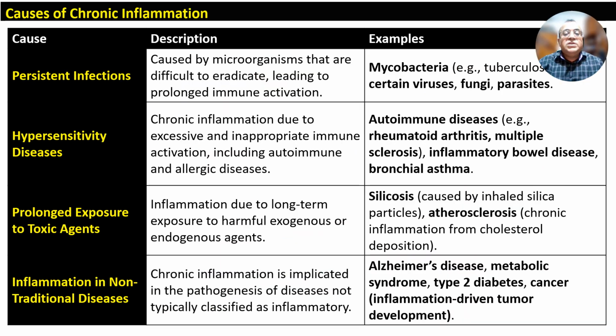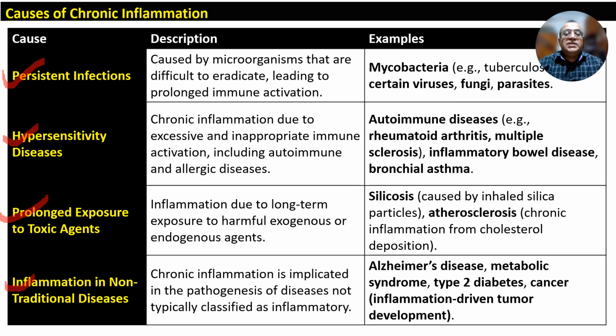So what causes chronic inflammation? Causes of chronic inflammation can be classified as persistence of infection, hypersensitivity disease, prolonged exposure to toxic agents, and inflammation in non-traditional diseases.